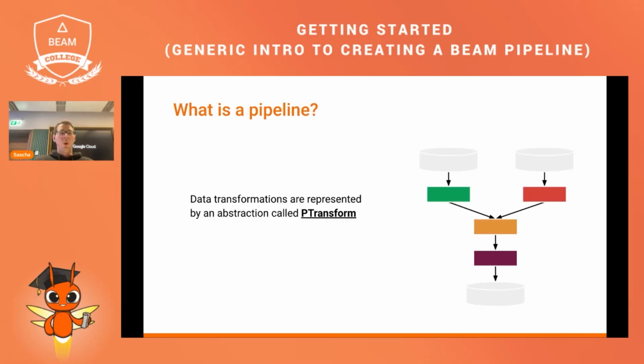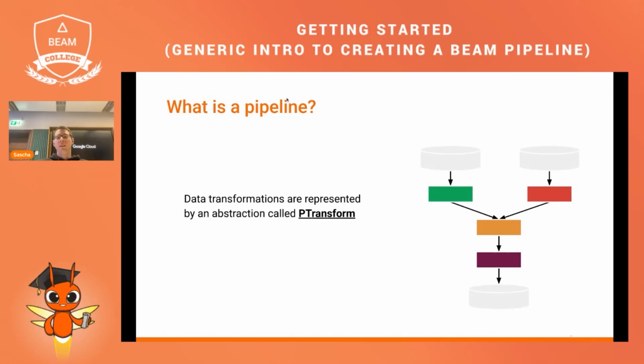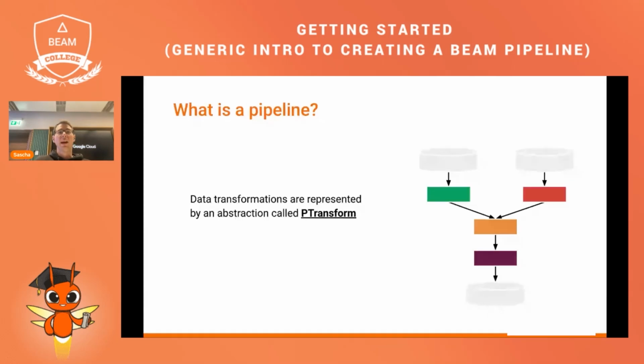When it comes to transformations within a data processing pipeline, where you want to manipulate or aggregate the data, we are talking about an abstraction called PTransforms, and several types of transformations are offered within Beam.